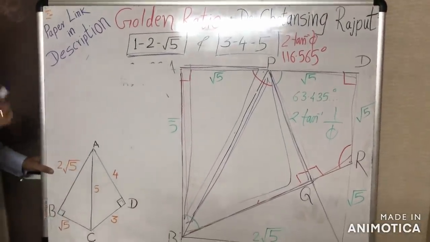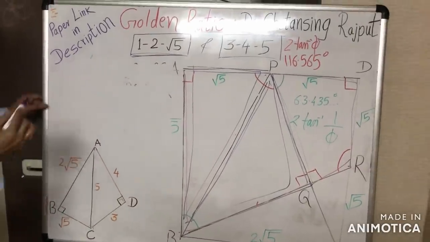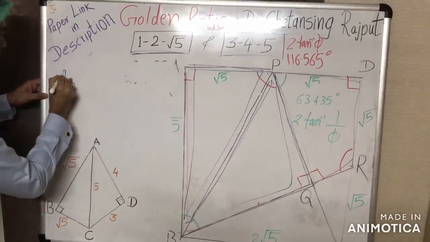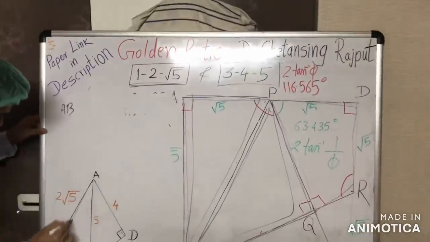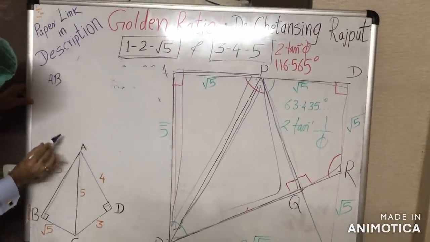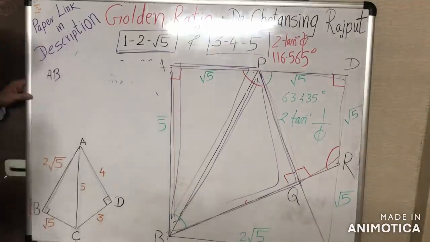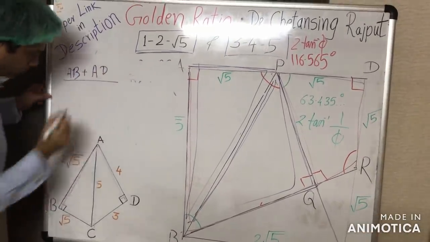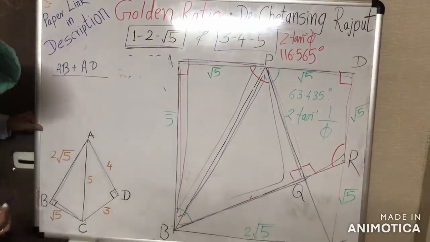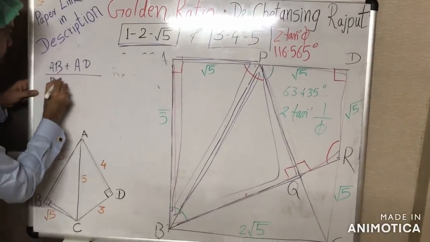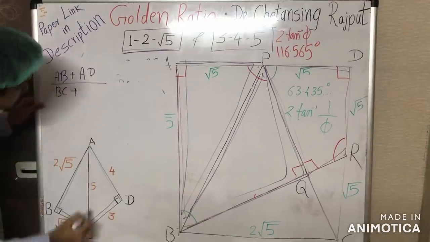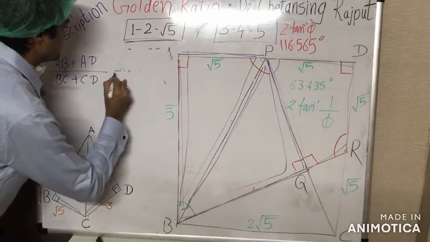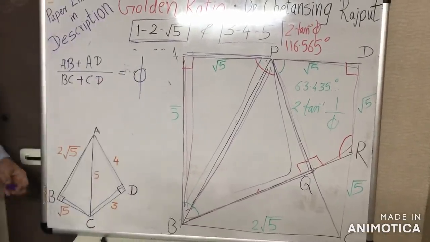In this case, we can say AB, this side of the 1, 2, root 5 triangle, plus AD, this side of the Pythagorean triple, upon the smaller cathetus of the two triangles, BC plus CD, precisely equals the golden ratio.